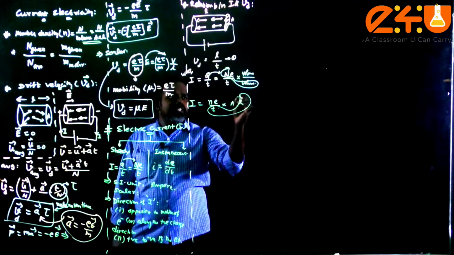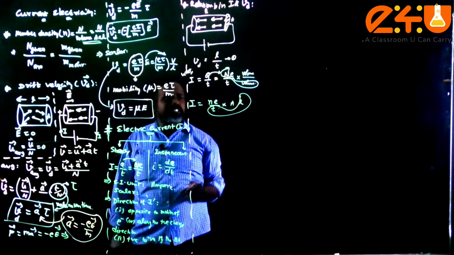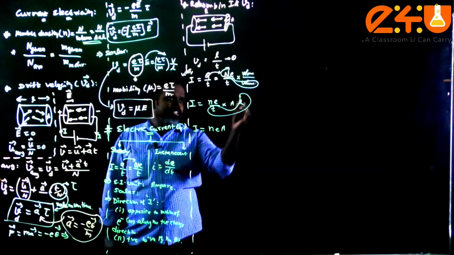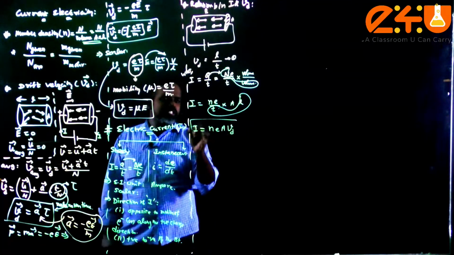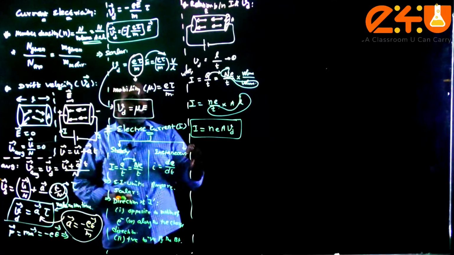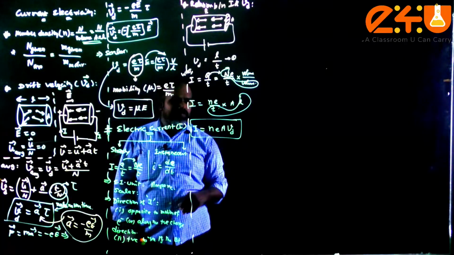Distance by time is nothing but velocity, as per the first equation. Therefore I is equal to n e A Vd. This is the required expression for electric current, that is, the relation between current and drift velocity.